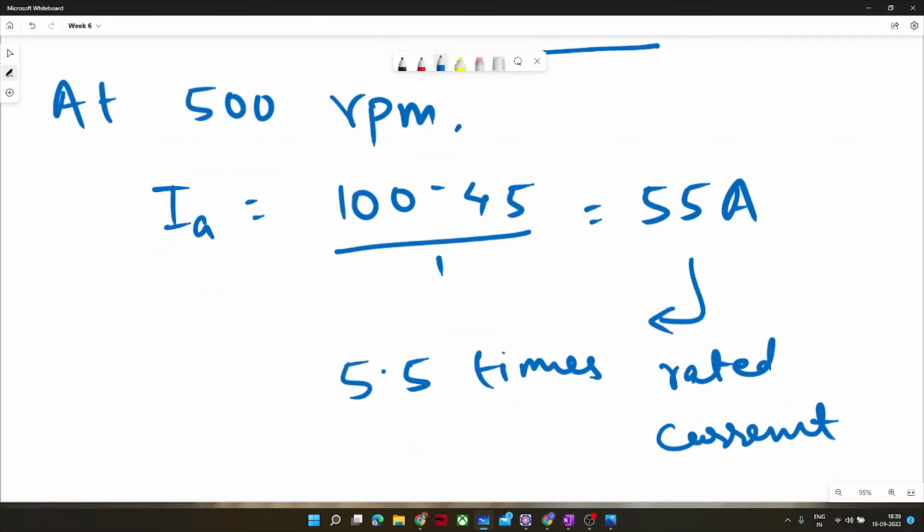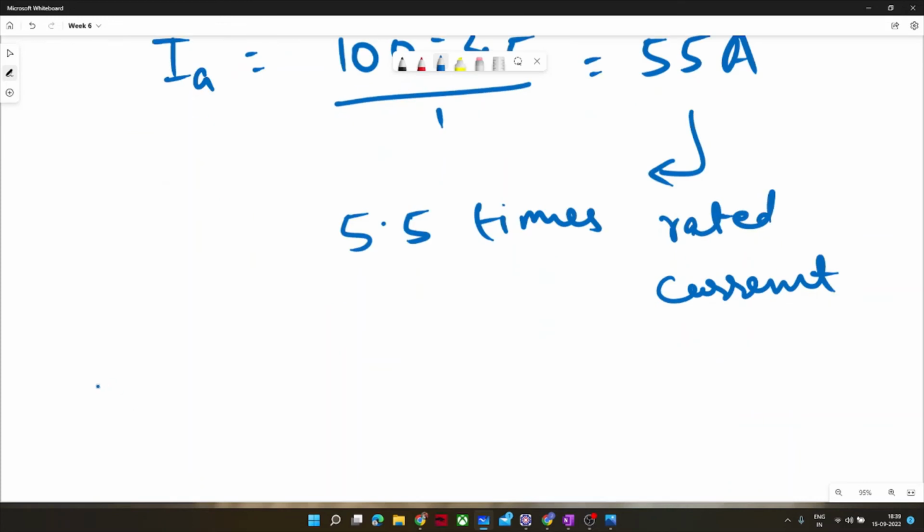So this is not the answer. This I was explaining. At 500 rpm, I need the armature voltage or terminal voltage. Let me call it VT2, equal to E2 plus Ia2 into Ra.